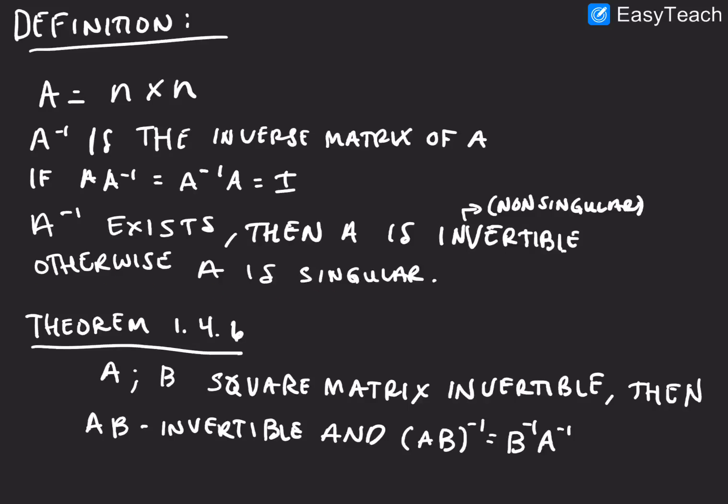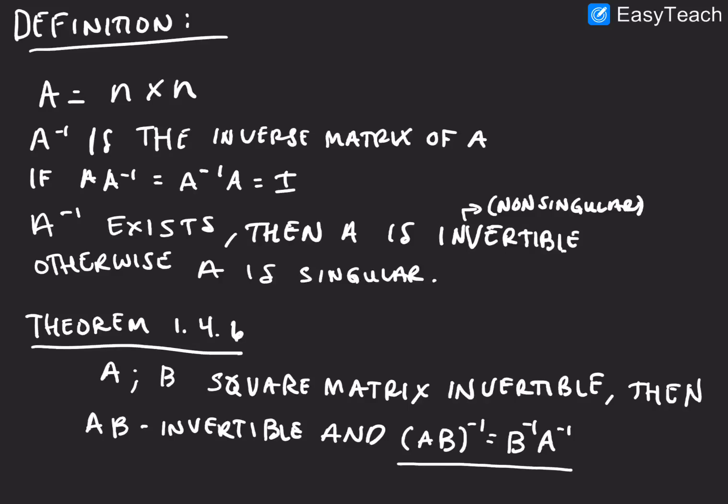Otherwise, A is singular, which is not invertible. So we have this theorem, which says that if A and B are invertible square matrices, then A times B is invertible, and the inverse of A times B is equal to B inverse times A inverse.